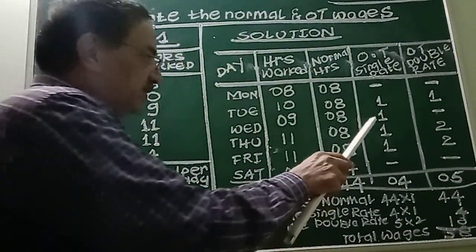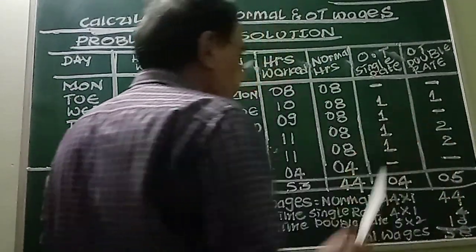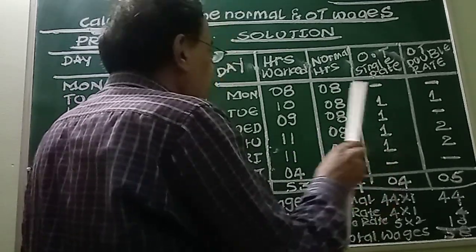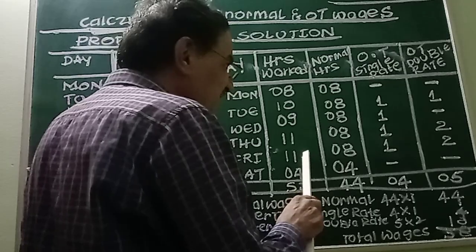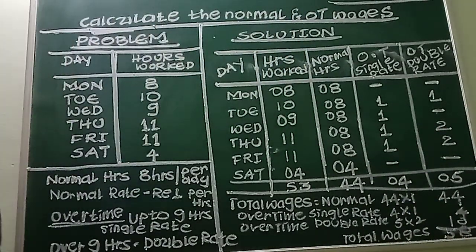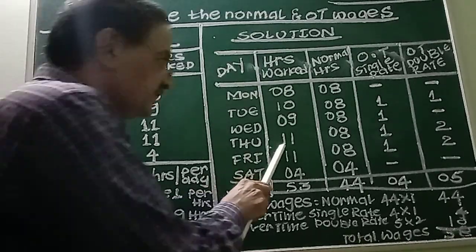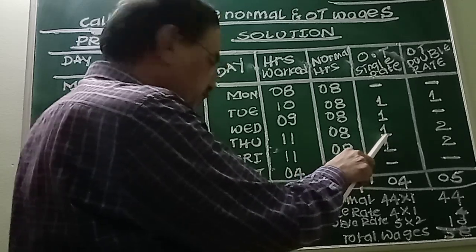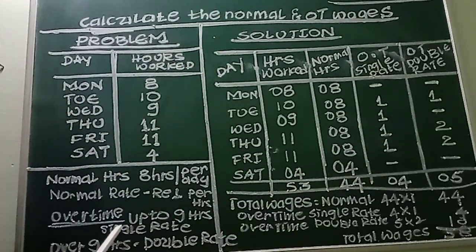So we have to enter this in this column. Up to 9 hours, this column will come. If his number of hours worked exceeds 9 hours, then it will be entered in the second column. He is entitled to get double rate. Understand? 11 hours, 8 hours is normal, 1 hour is up to 9 hours at a single rate.